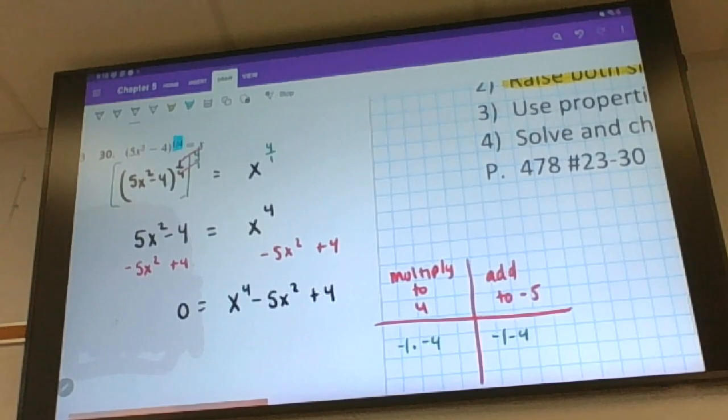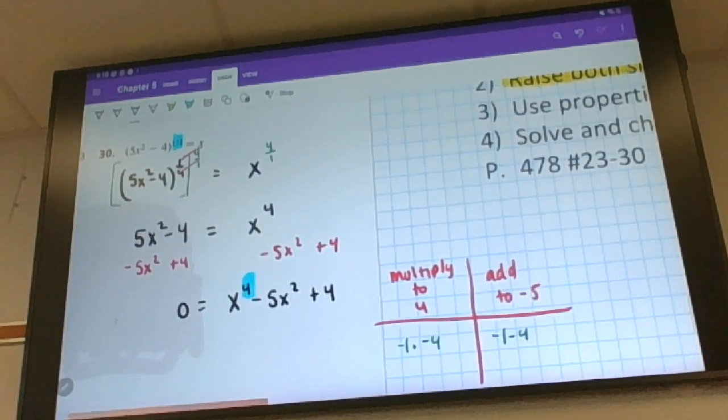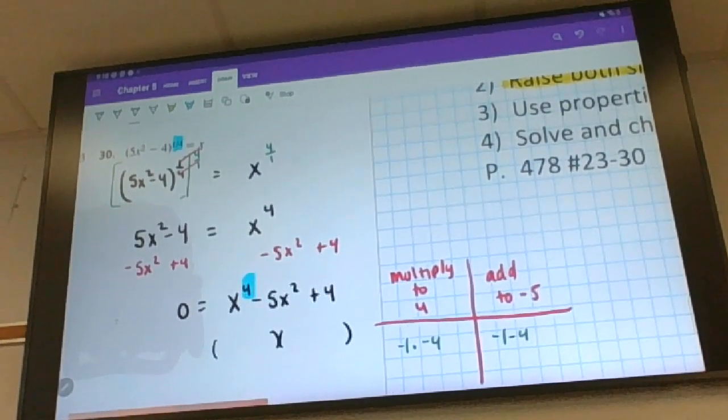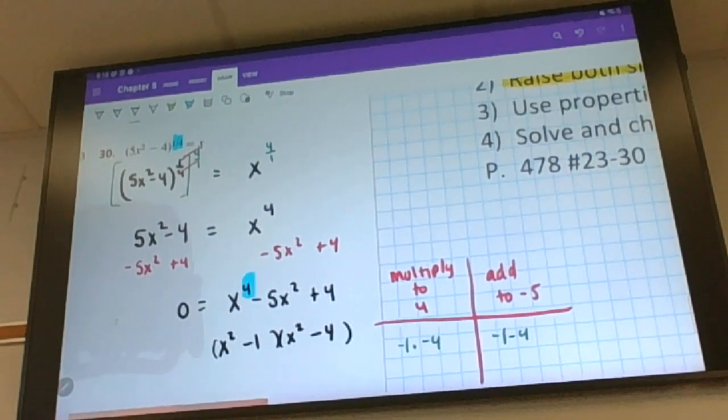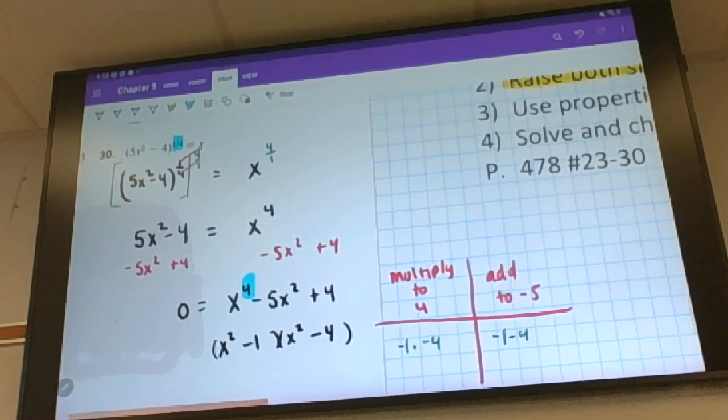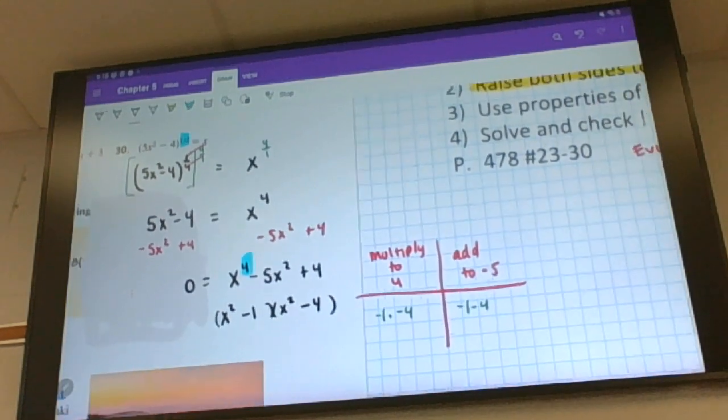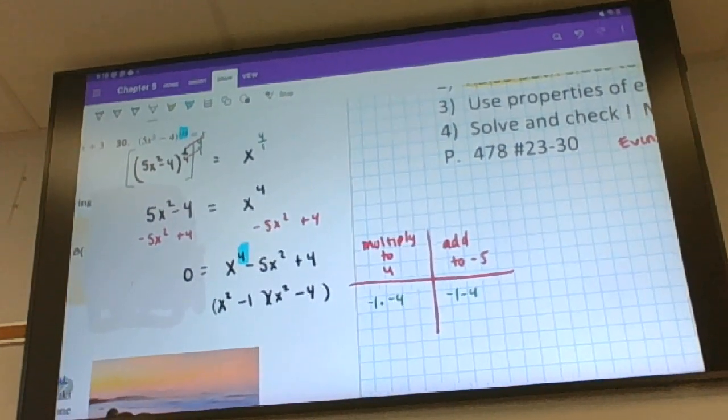So because it's a 4th degree polynomial, in my parentheses, instead of just x, it'll be x squared. X squared minus 1 and x squared minus 4. So I hope that is looking familiar, and I do hope you do this on a separate piece of paper since there's not much space in here.